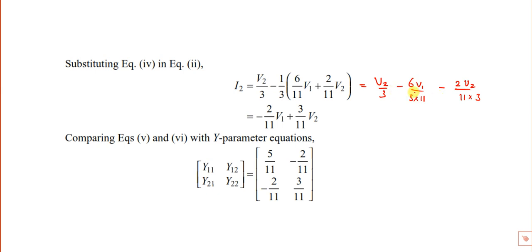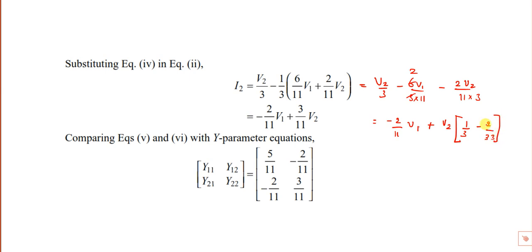Now, 3 ones are 3 twos are 6, so it is equal to minus 2 by 11 V1 minus, here you have to take V2 common. If you take V2 common, you are left with 1 by 3 minus 2 by 11 into 3, which is 33.